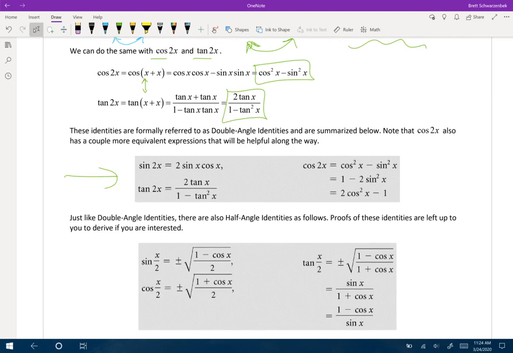Now, just a small note, you'll see that sine and tangent double angles just have one formula. Cosine 2x actually has multiple formulas, not because it's any different than the other ones, only because within these formulas you actually have cosine squared and sine squared. So the two formulas down here are actually variations of our very famous identity, sine squared x plus cosine squared x is equal to 1.